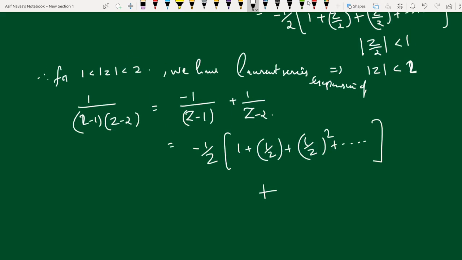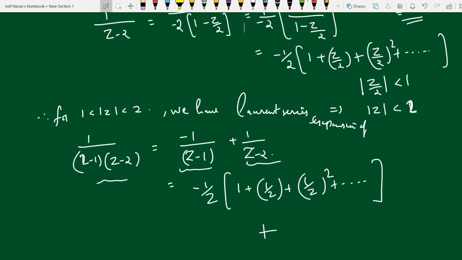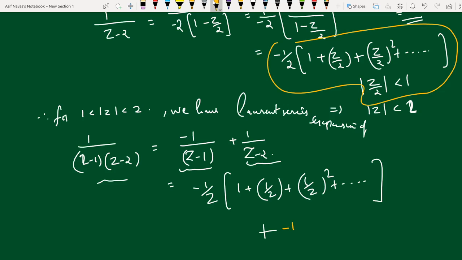The Laurent series expansion is the sum of both series expansions. So this is minus 1 by 2, 1 plus z by 2 plus z by 2 whole square plus etc. So these are the series expansions.